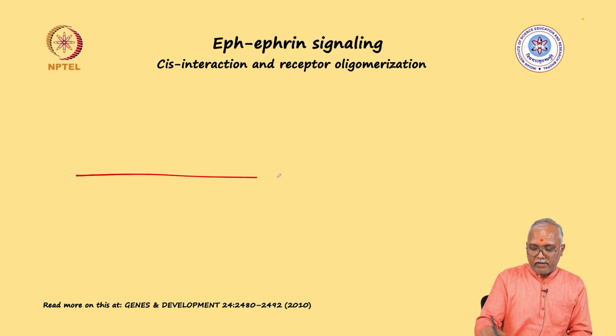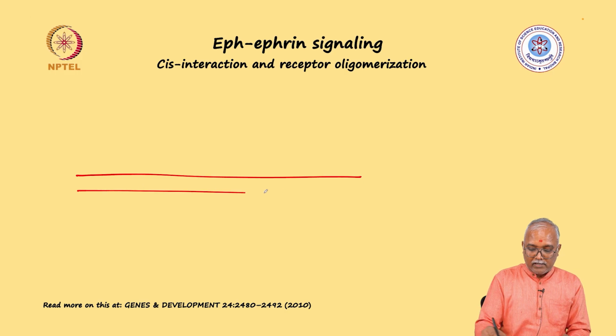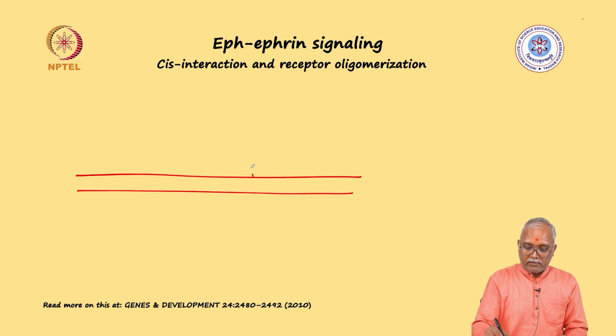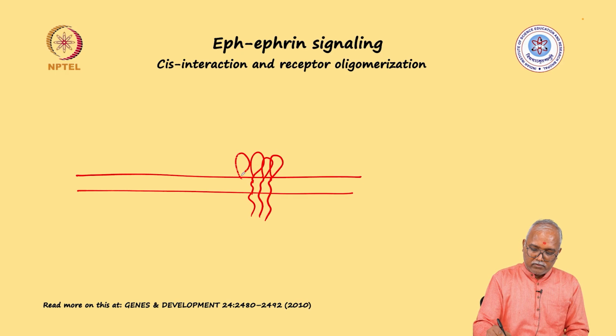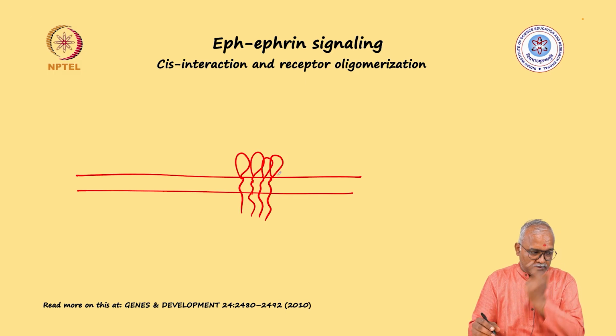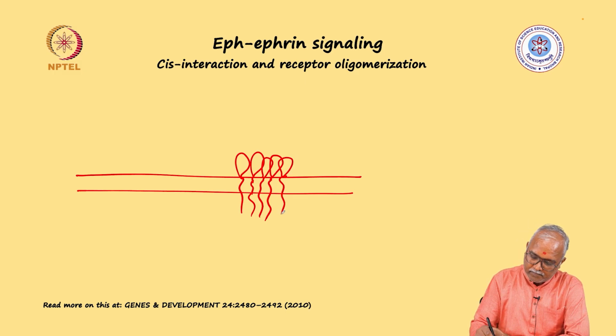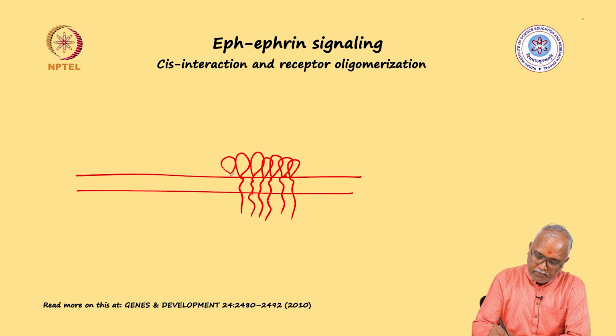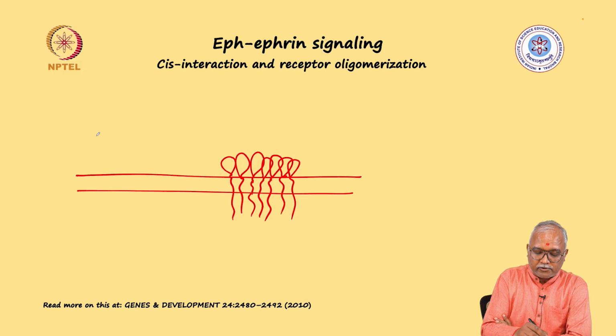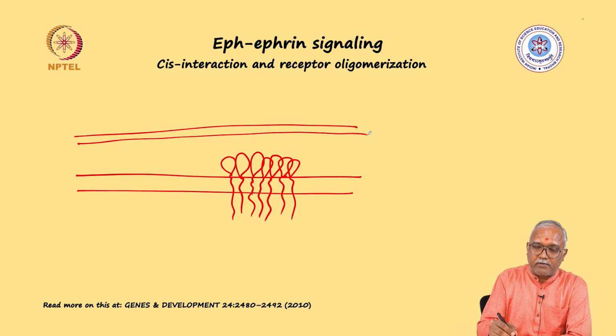Look at the situation where you have the cell which has the receptor. If I now make an oligomer of these receptors, you remember dimerization was one of the key events towards the activation of the receptor. Here oligomerization will lead to super activation of the entire thing.